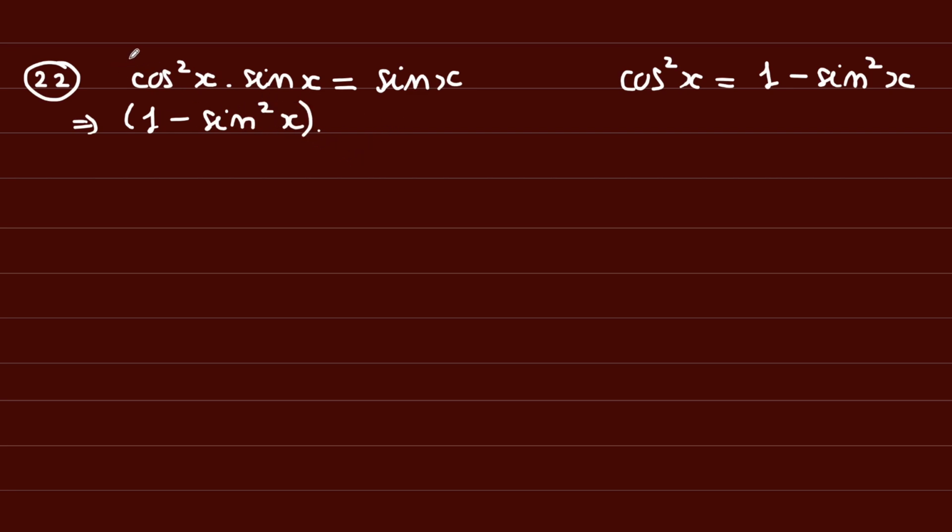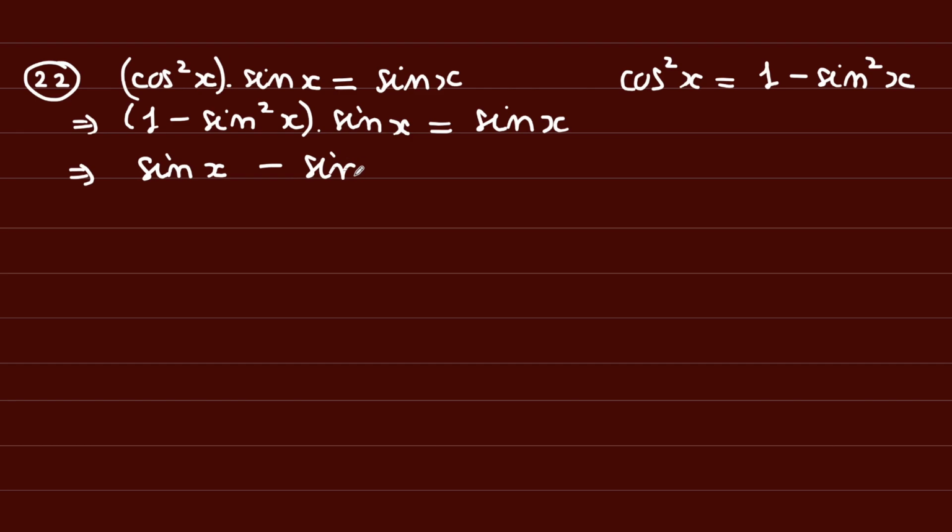This bracket will be presented by this one, and the other side, outside of this bracket, or the right hand side of this equation, I will keep unchanged. And after that, we can expand this bracket. 1 minus sine square h, outside the bracket you have sine h, and minus sine cubed h here, and then you got sine h.